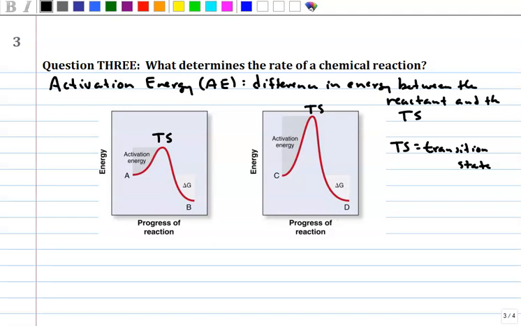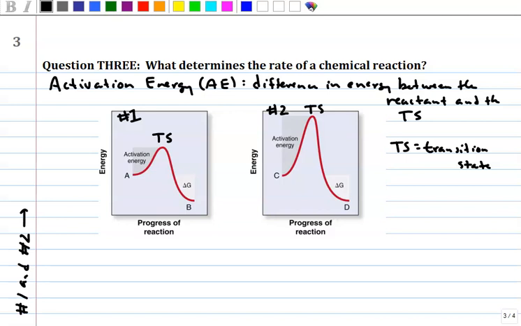Before we do that, I will say, and I'm going to write this on the side here, let's just call this number 1, reaction number 1 and reaction number 2, described by their reaction diagrams, are both spontaneous reactions. So this goes back to question 2.